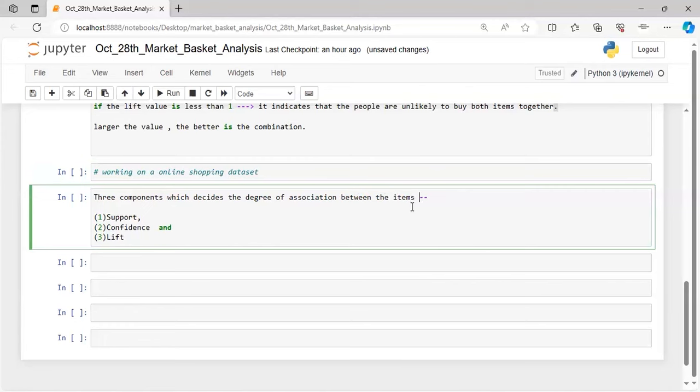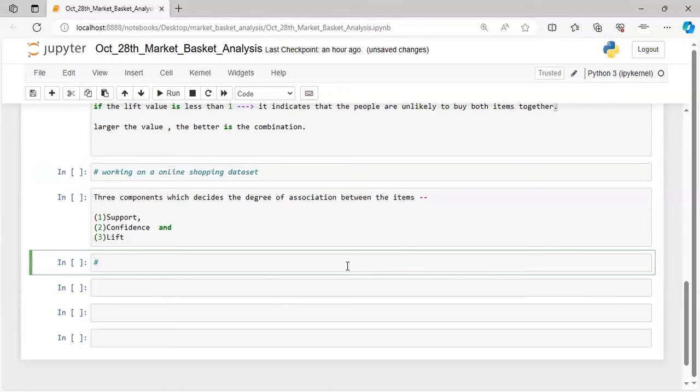One algorithm that we will install from MLxtend is the Apriori algorithm.